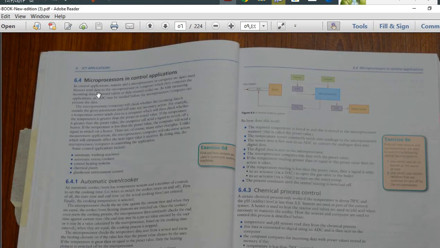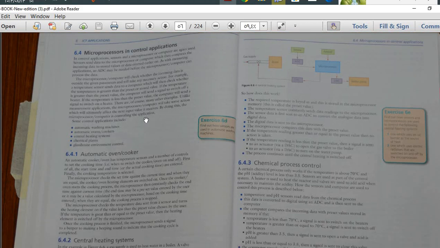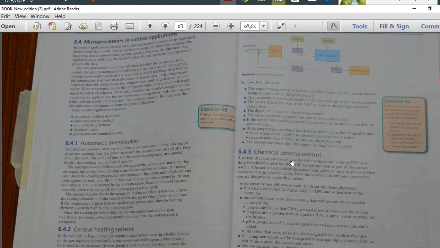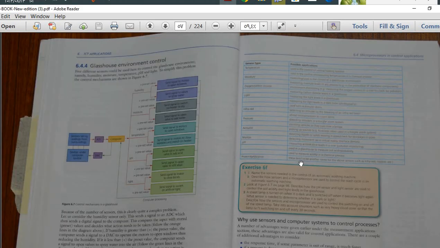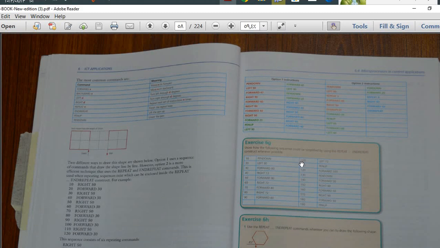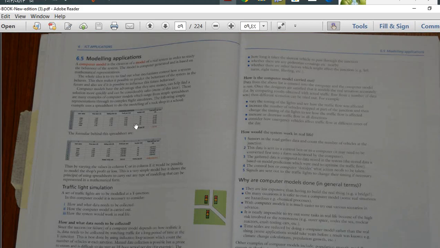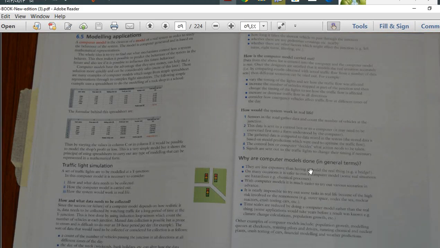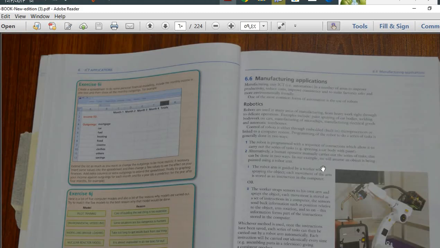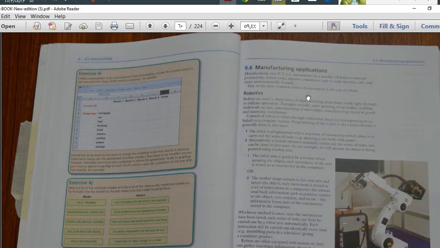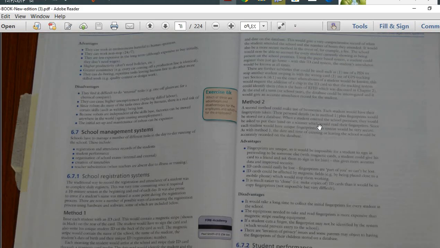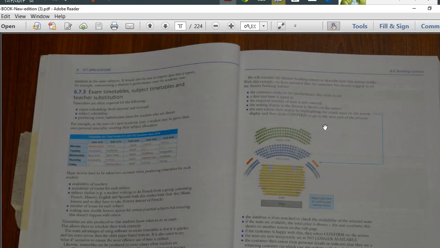We will talk then about microprocessors and control applications, chemical process control, the modeling application. Why are computer models done in general terms? Then manufacturing applications like robots, exam timetables.